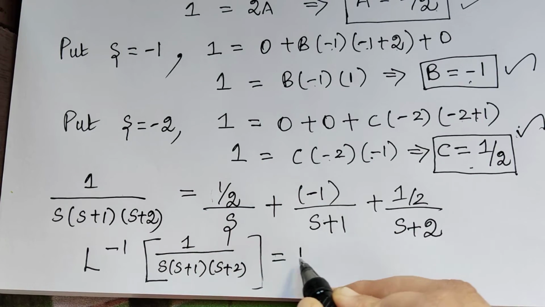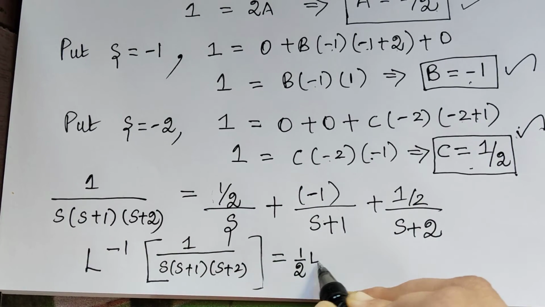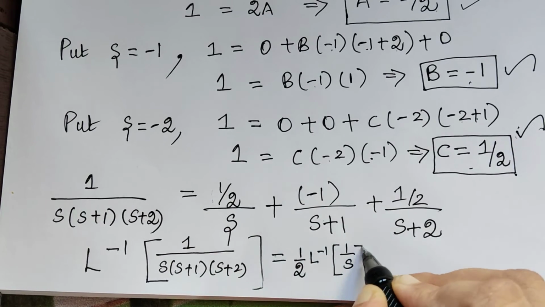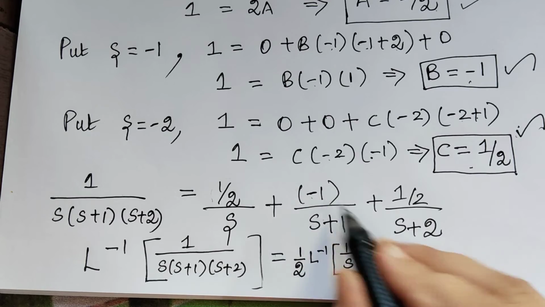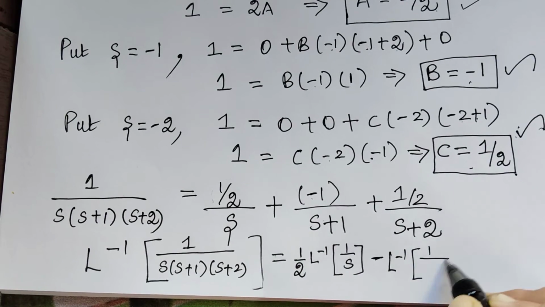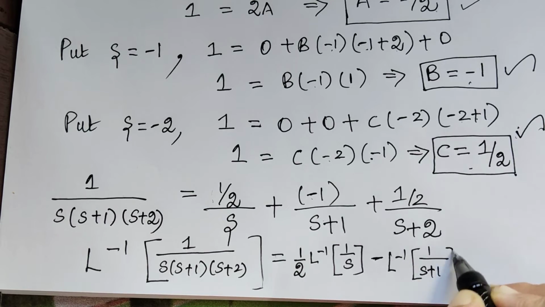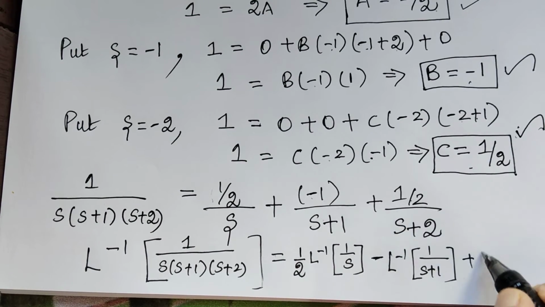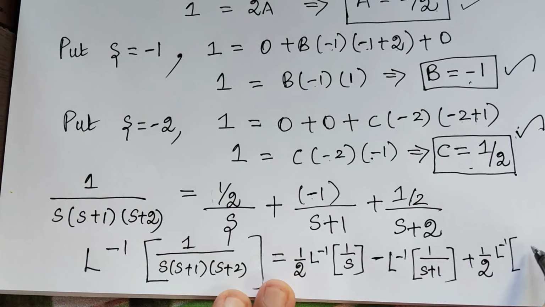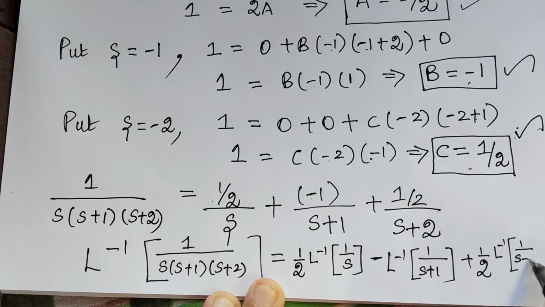Now 1 by 2 is a constant, so 1 by 2 we will write out. So we will have inverse Laplace transform of 1 by s, and then we have a minus 1, so we can write minus inverse Laplace transform of 1 by s plus 1, and then plus 1 by 2, a constant, and then inverse Laplace transform of 1 by s plus 2.